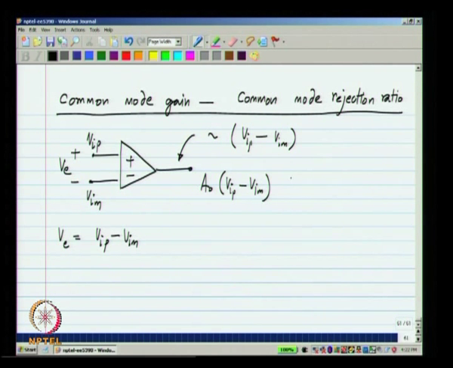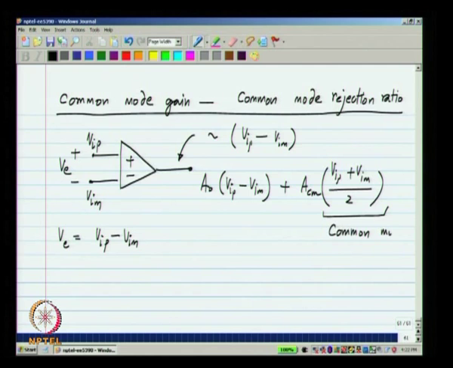In reality, it turns out it is A naught times VIP minus VIM plus some common mode gain ACM times (VIP plus VIM) divided by 2. Okay. This (VIP plus VIM) divided by 2 is the average voltage of the input, or common mode input of the op amp.